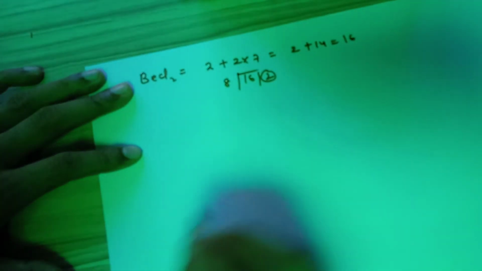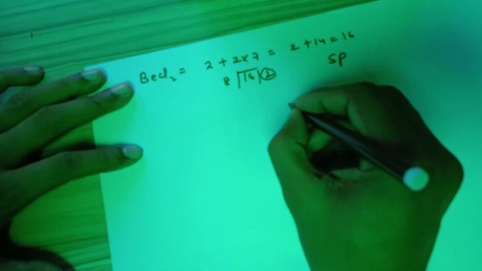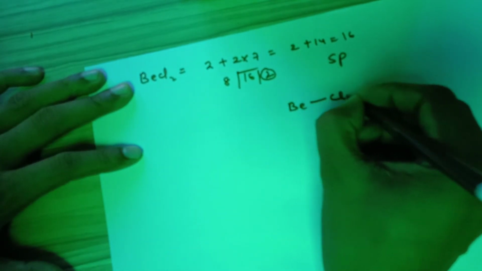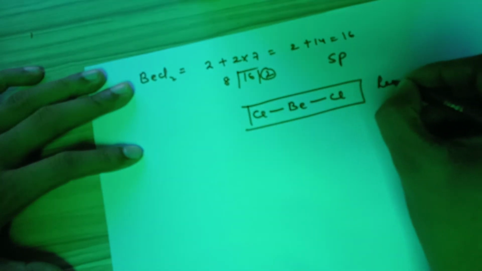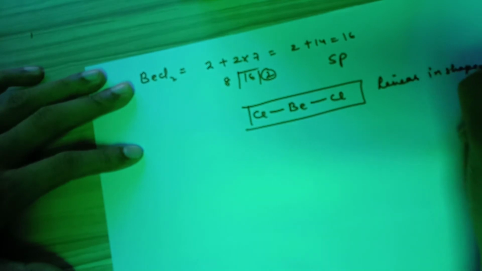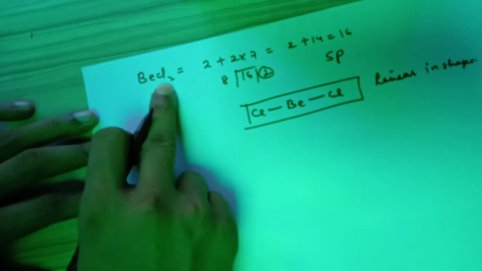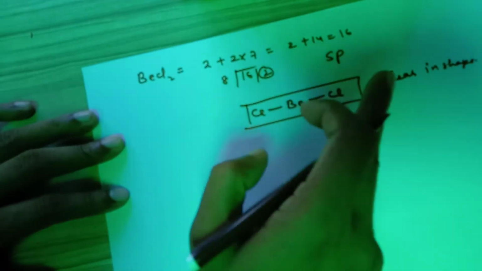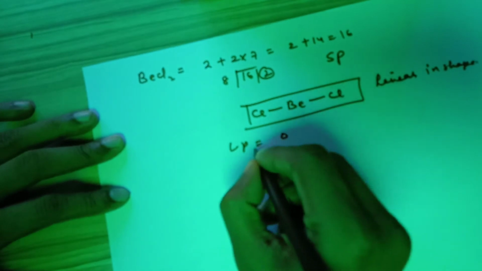We get 2, so it will be sp hybridized. So the structure will be like this only, and this is linear in shape. Now there are 2 bonds and 2 atoms attached, so the number of lone pairs will be 0.